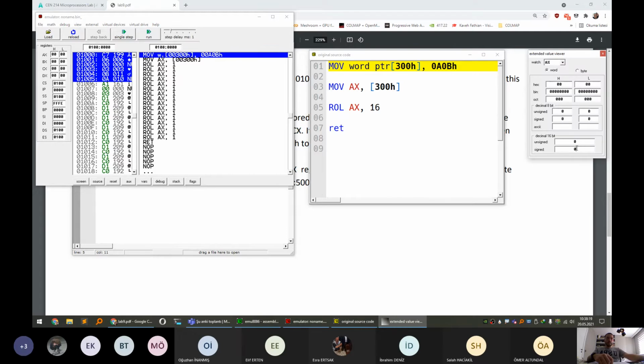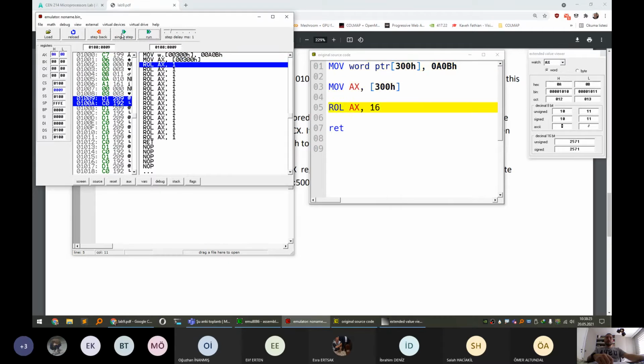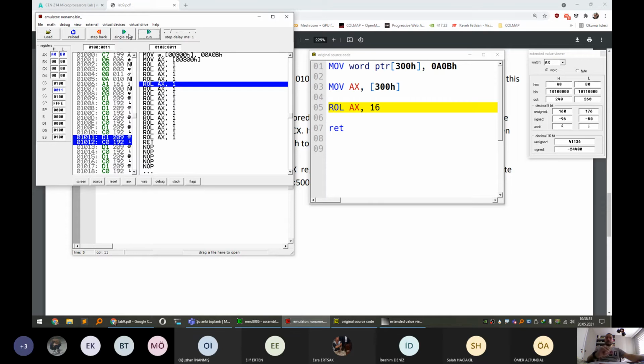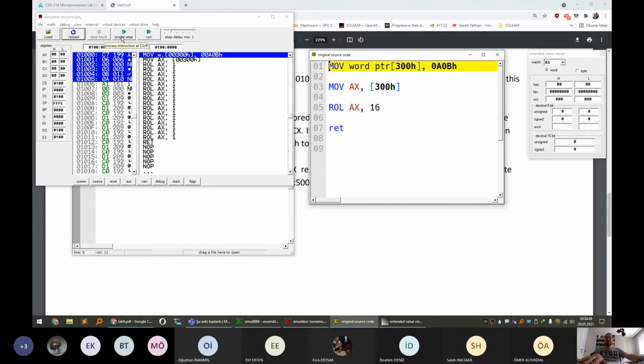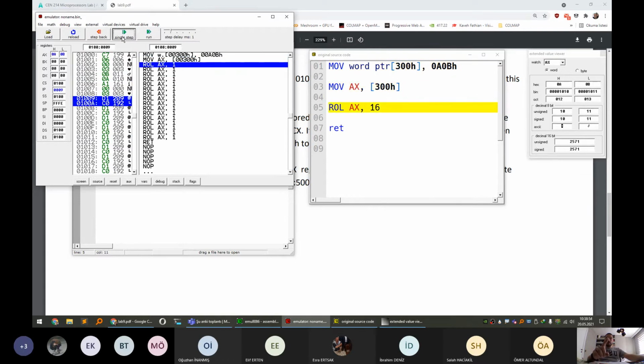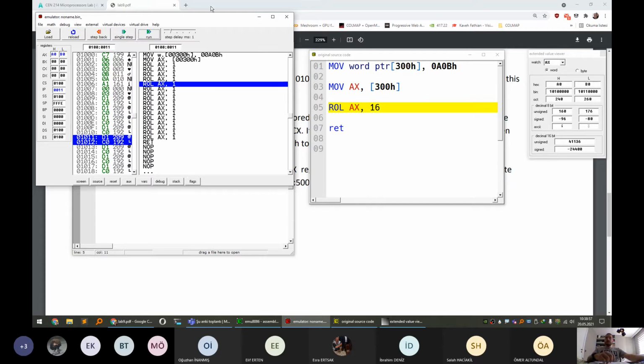We are looking at the signed decimal 16-bit part. It is 2571, 5142, 10,284, etc. It goes like that, and boom, it becomes negative. How many times did I rotate? 1, 2, 3, 4. 4 rotates is enough to make AX negative.